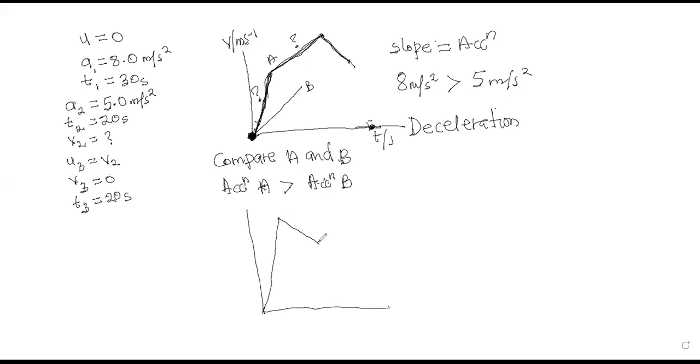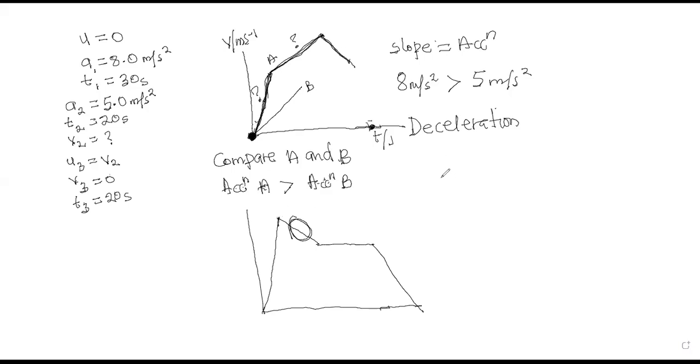Then the velocity was maintained for a while, so it came to a stop. Please, are you with me? This is the part I'm talking about. If the velocity is reduced during the second part of the journey, it does not mean the body is decelerating.